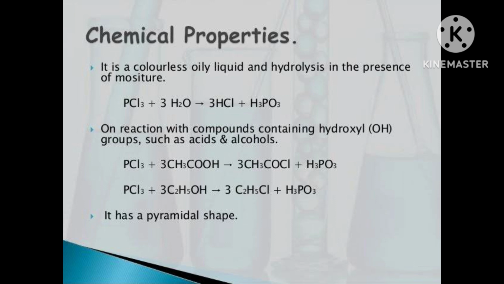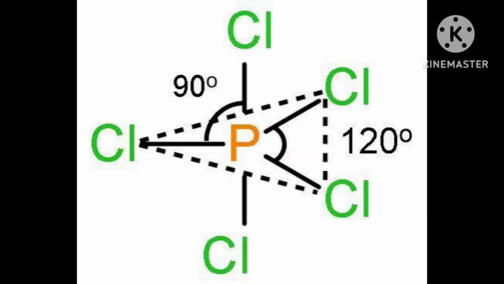The rest 3 chlorines are left, and they will make a trigonal shape. And it is bipyramidal because 2 chlorine atoms are in a straight line, and 3 chlorine atoms are making a triangle.